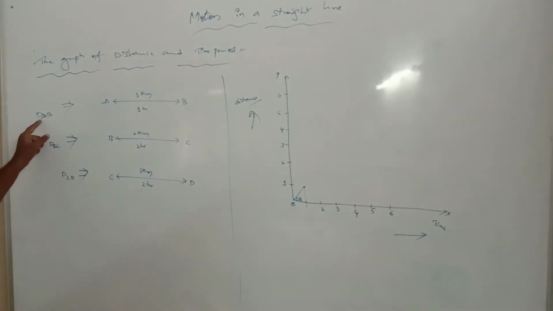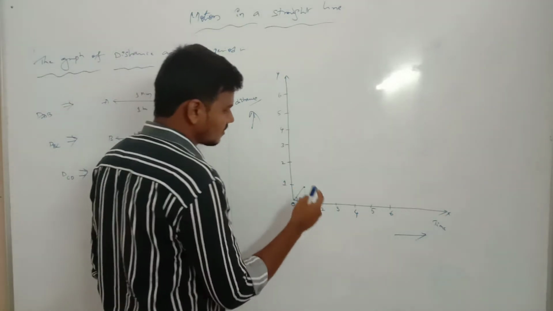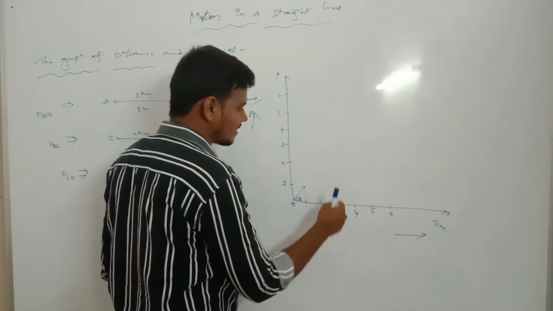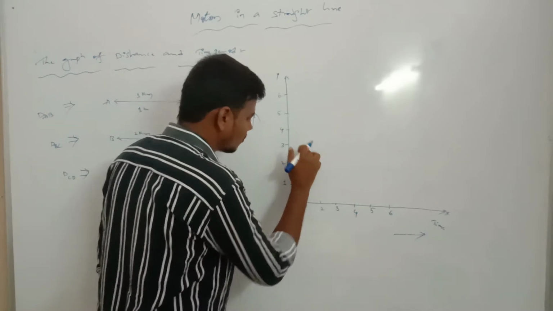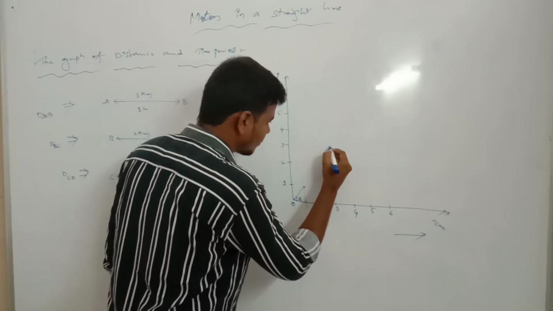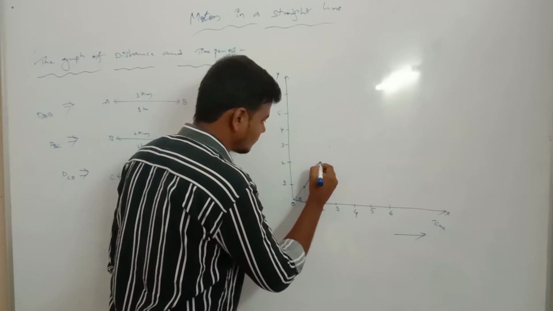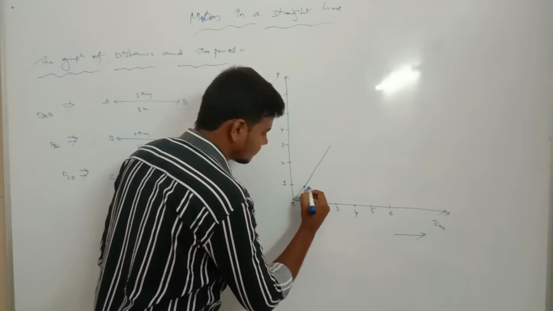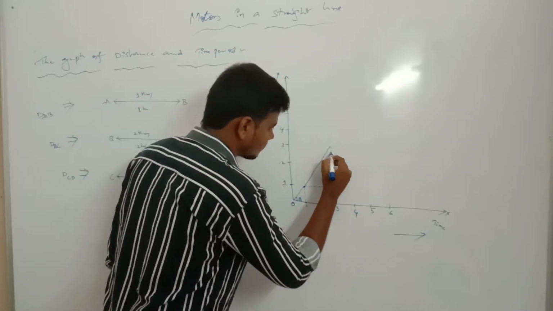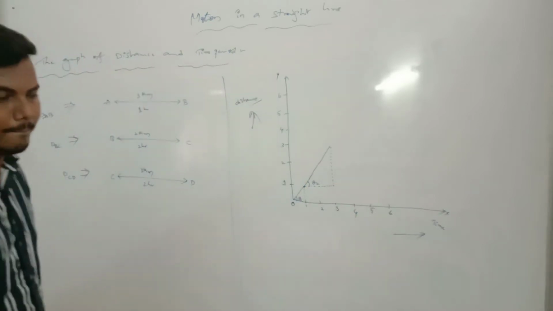At the distance of AB, 1 kilometer and 1 hour. Again we choose 2 kilometers per 2 hours: 2 kilometers distance at the same time. This is theta 2.